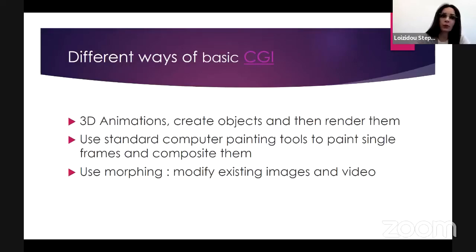One example of morphing that comes to my mind straight away is this: you give a photo of yourself, you depict it in the computer, and then you morph this photo and try to visualize how you would look in 20 years, as you age. So basically, there is a transformation from the original photo to what would happen in the future.